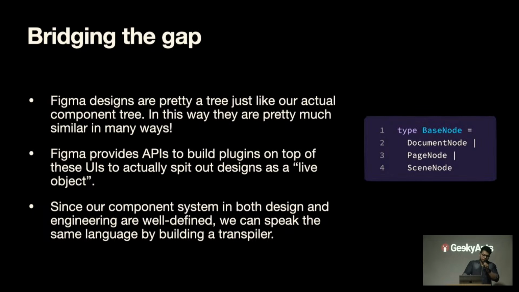So thankfully, Figma also provides certain APIs for you to actually hook into a design and extract some meaningful information out of it. So of course, we'll get to that. I'll show you in a minute with a live demo actually. That would be better.